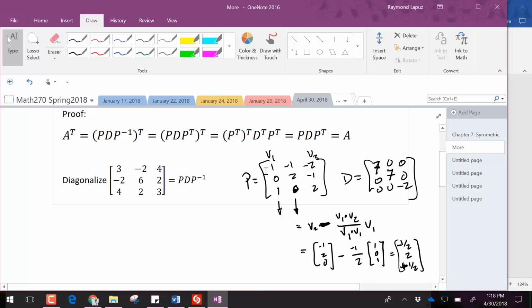V1 and V2 span the plane, but they don't necessarily have to be perpendicular, and V3 is perpendicular to both of them. What we did was change V1 and V2 so that they're now perpendicular, but that still doesn't change V3. V3 is still going to be perpendicular to all of them. I don't think so. It shouldn't, because when we find our eigenvectors, we can scale them as we need to. It's just that when we find the inverse of them, we have to make sure we use the correct inverse.